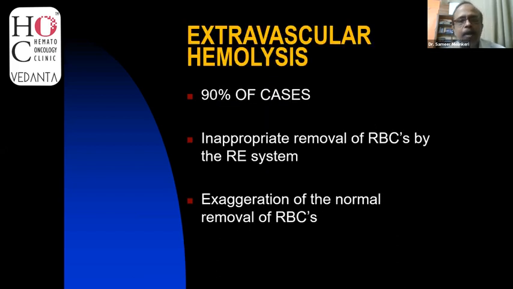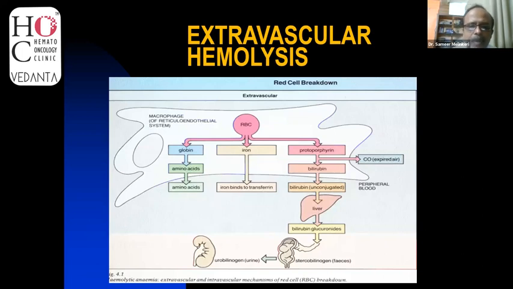When you have extravascular hemolysis, which is actually 90% of the cases of hemolytic anemia, the red blood cells are not destroyed inside the blood, but are removed by the reticuloendothelial cells, and there is an exaggerated removal of these RBCs.